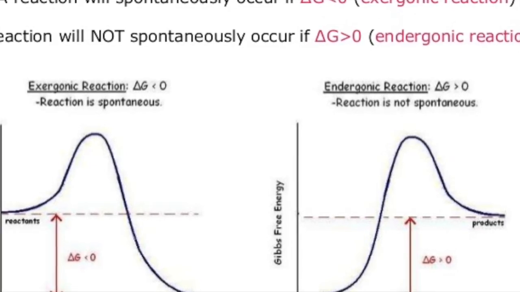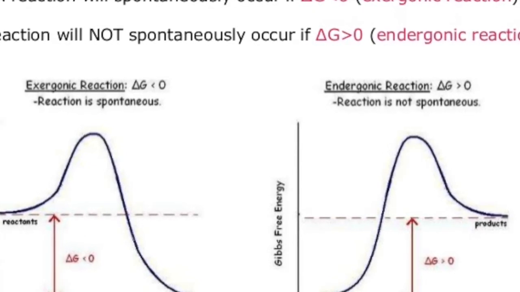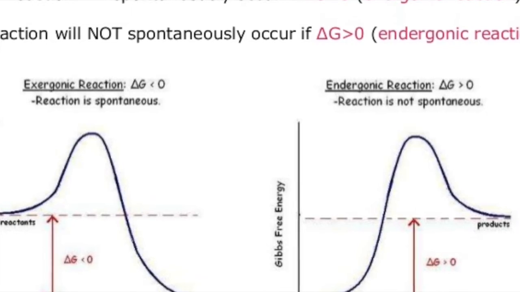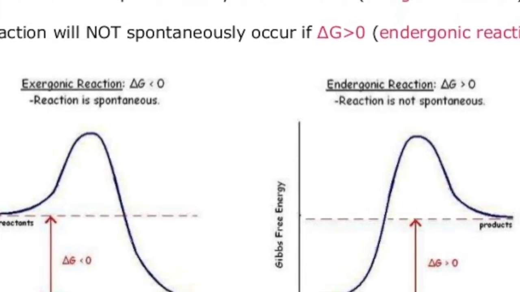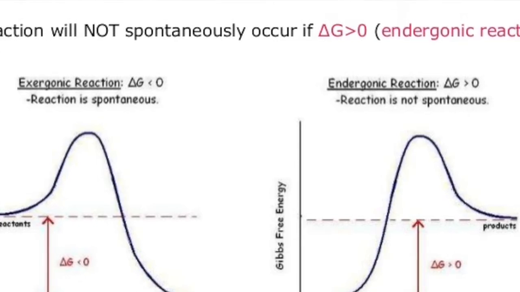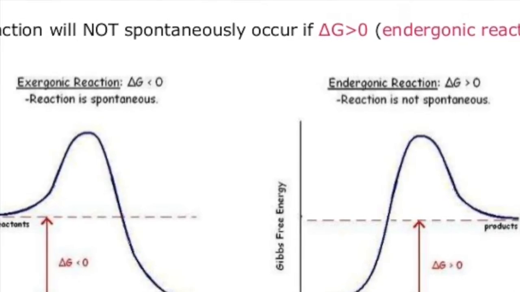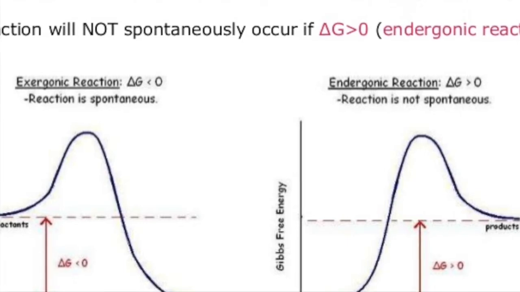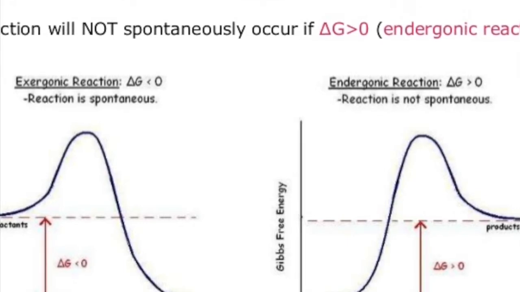That reaction is not going to be spontaneous because it requires energy to be added into it. So as you can see, by calculating the delta G, or the Gibbs free energy, it shows us a lot about that reaction, whether it's going to release energy, take in energy, and be spontaneous or not spontaneous.